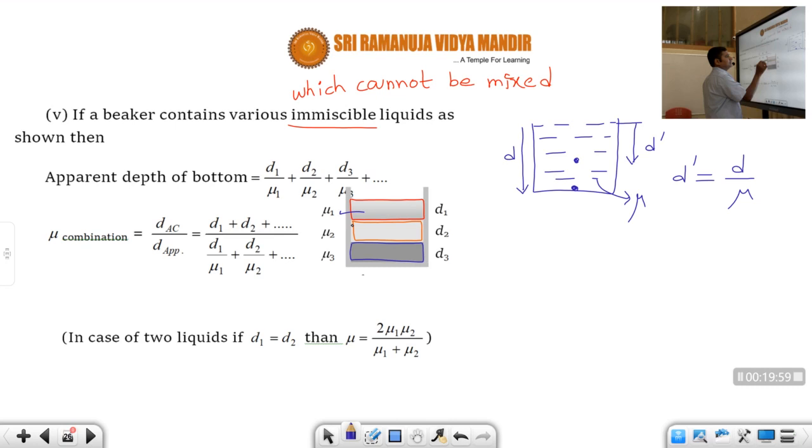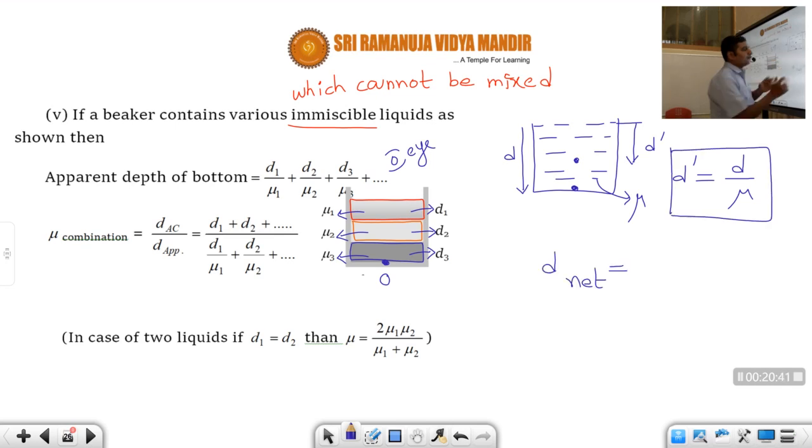Students, the apparent depth formula is very easy. If you have only one liquid, this is the formula for the apparent depth. If you have many liquids, then the net apparent depth is equal to the sum of apparent depths due to individual liquids. First, let us see the first liquid. What is the apparent depth formula?